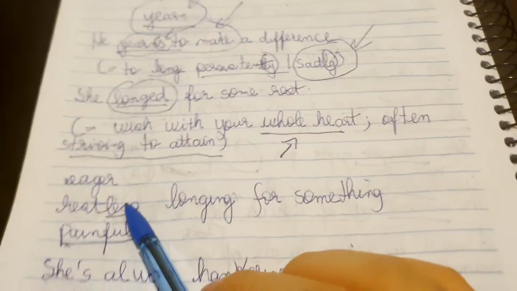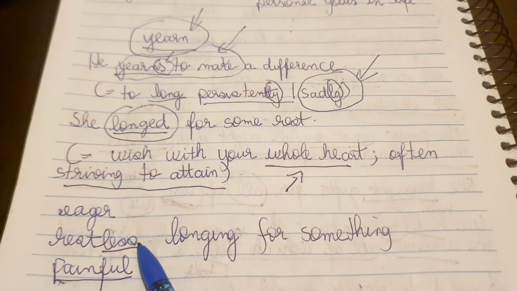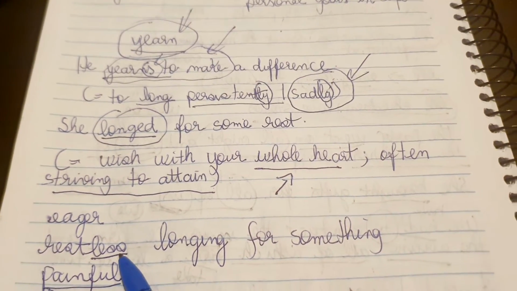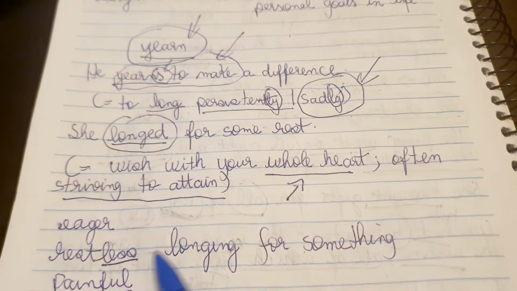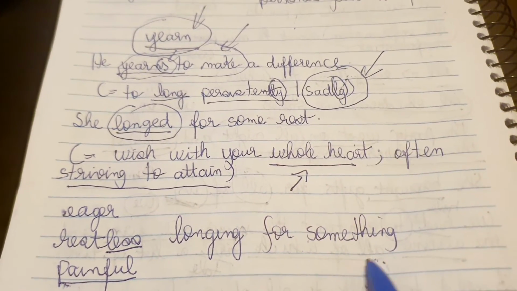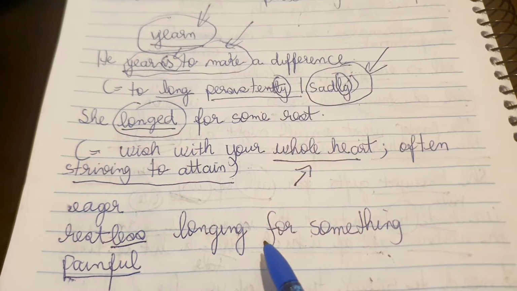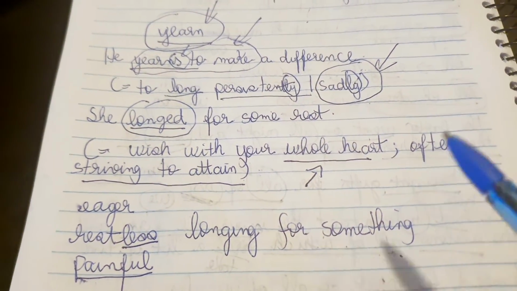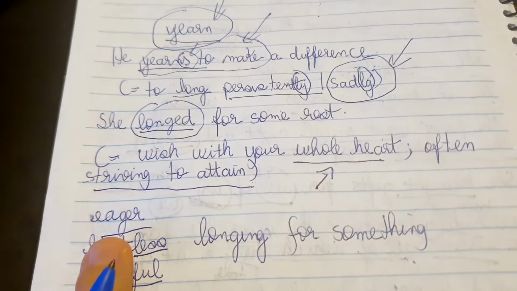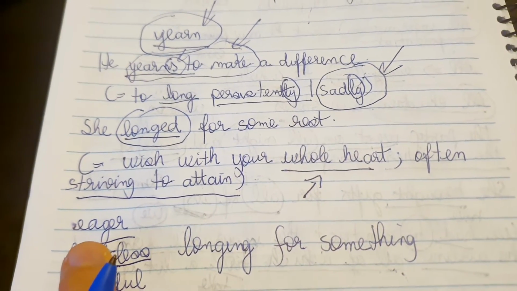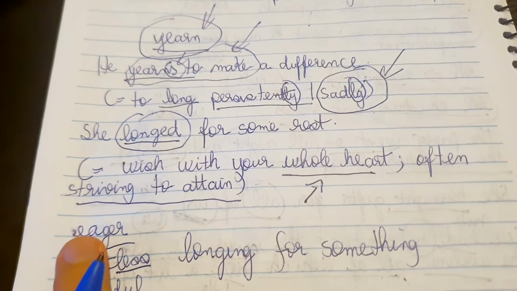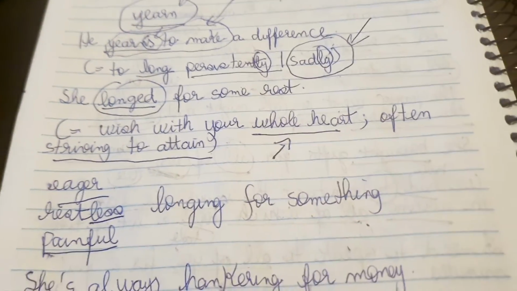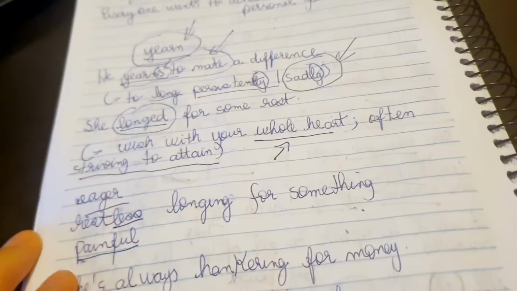It means without rest. Okay? You don't rest. You long for something, and very often you strive to attain that goal, that objective. Or when you are eager to achieve something, you have an eager longing for something. Okay? All right.